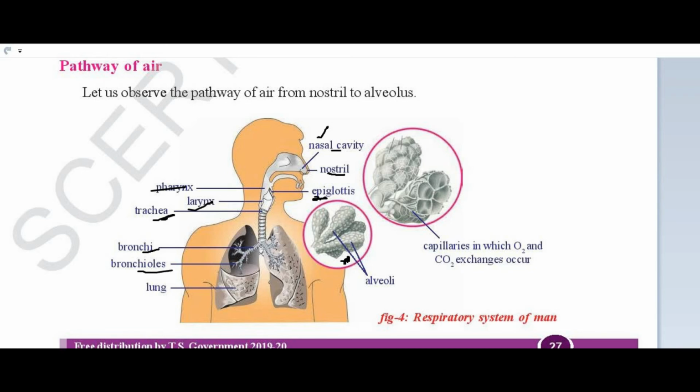These are the alveoli, small bags, and every alveolus is overlapped.